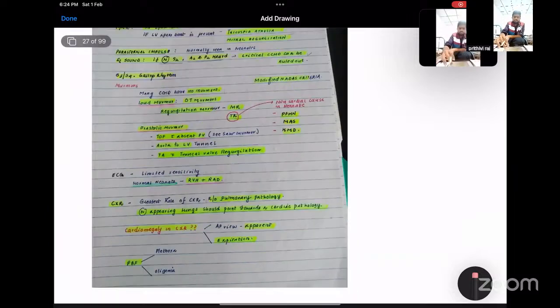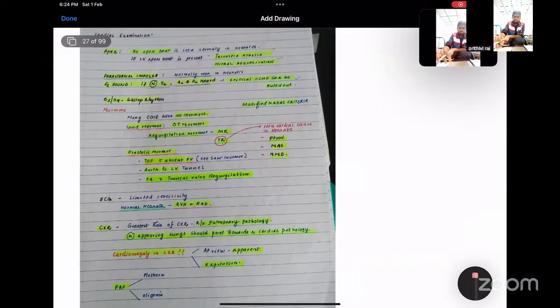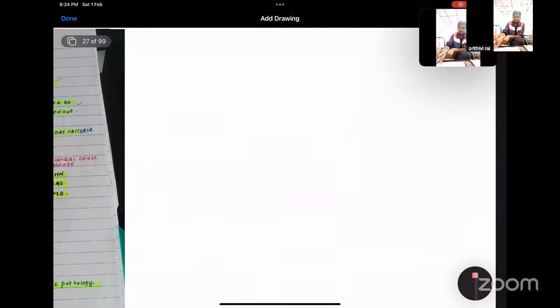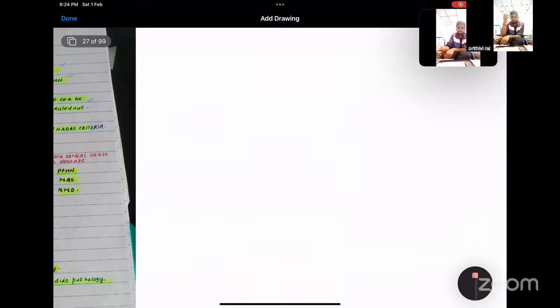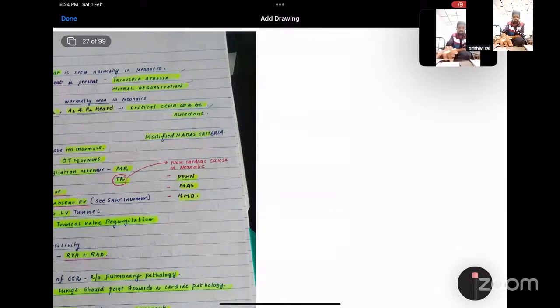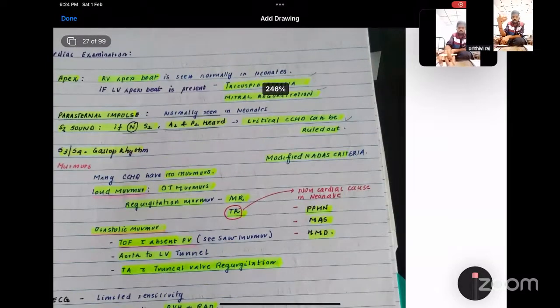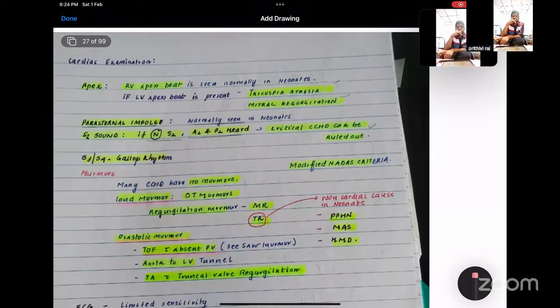So a few things which you should know in any neonatal echo or neonatal case. On cardiac examination, the apex beat is always the right ventricle apex beat. In a neonate, for the first few weeks to few months, you have a right apex dominance.